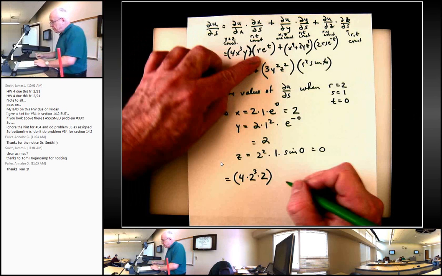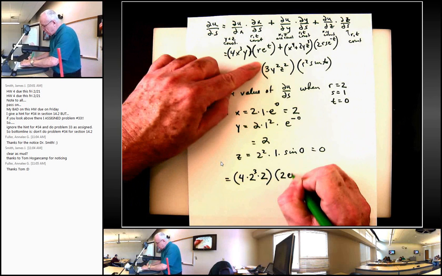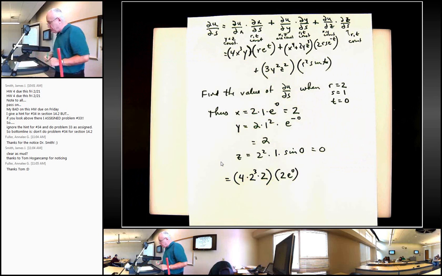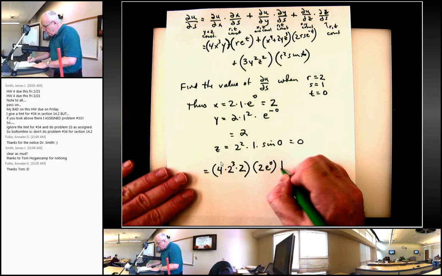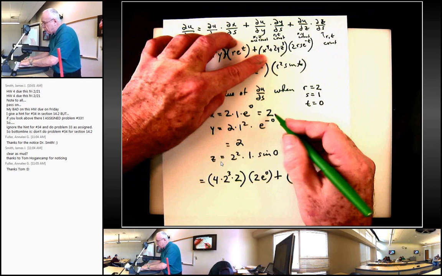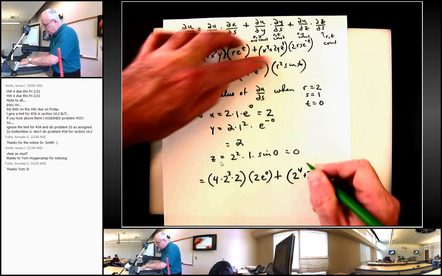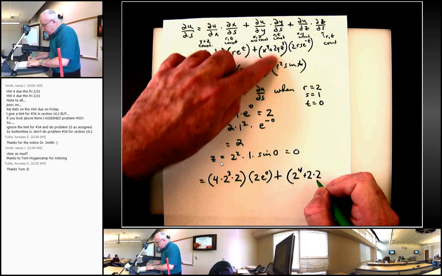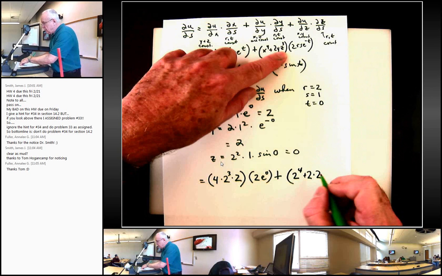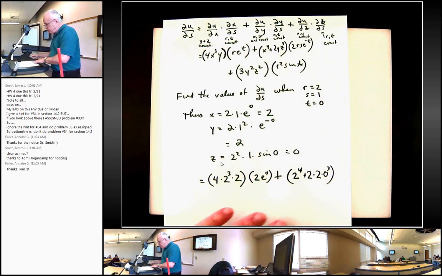All right. R times e to the t, that's 2 times e to the 0 power, which is 1, plus, okay, x to the fourth, that's 2 to the fourth, plus 2 times 2. Oh, then we have a 0, so that's going to make that a 0.